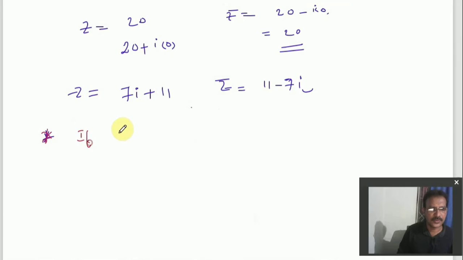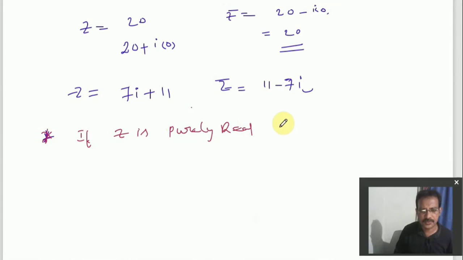If z is purely real, then the imaginary part of z is equal to 0.